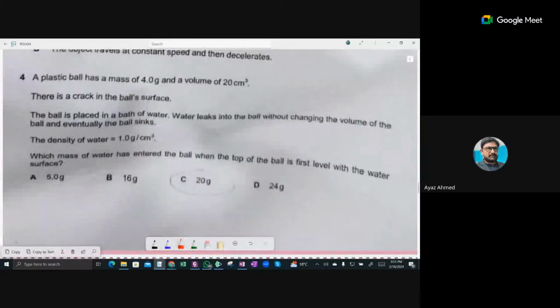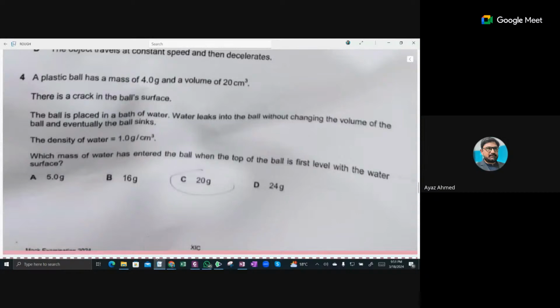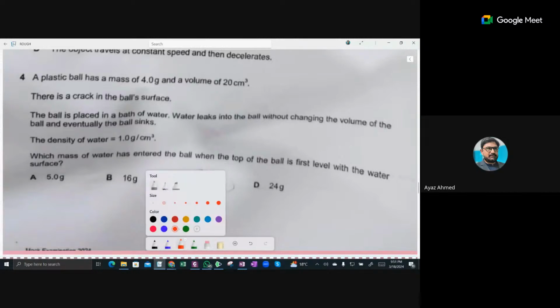Okay. Then a plastic ball of mass 4.0 g and volume of 20 cubic centimeters. There is a crack in the ball's surface.